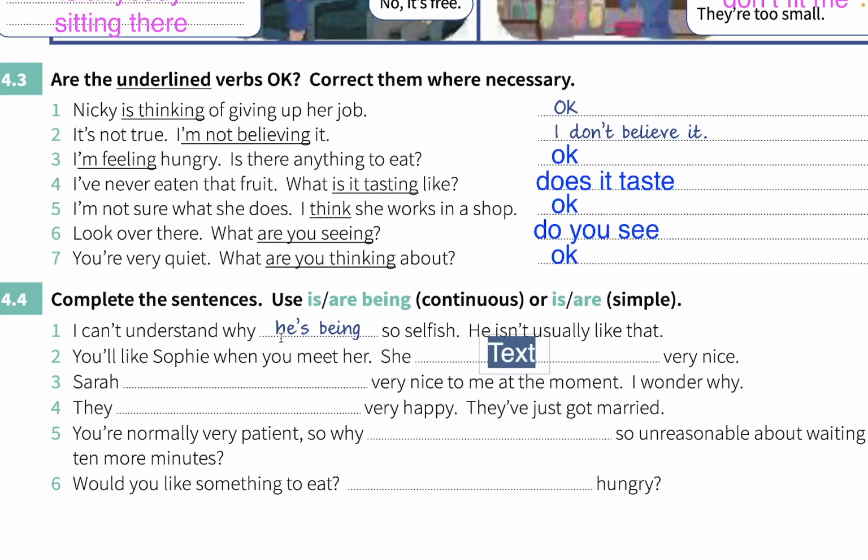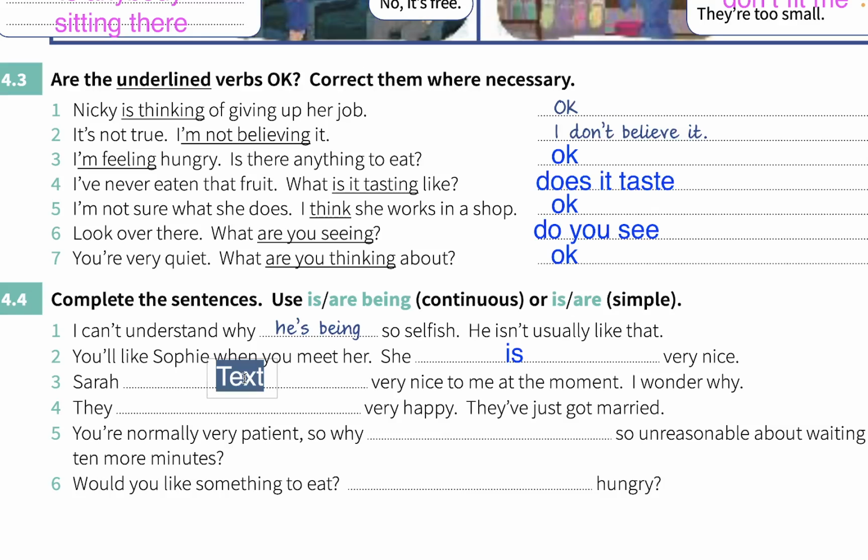For number 2, maybe Steven, could you help me and read number 2, please? You like Sophie when you meet her. She is very nice. For number 2, we are using the simple tense.